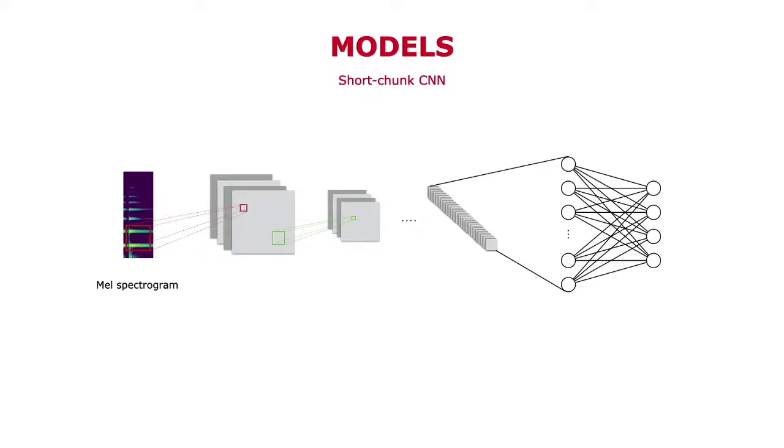It is similar to fully convolutional network, but it uses short audio chunks as its inputs. Hence, it uses denser strides for max pooling layers. We call this short-chunk CNN to prevent confusion with full-length audio-based approaches. We also experimented with short-chunk CNN with residual connections.